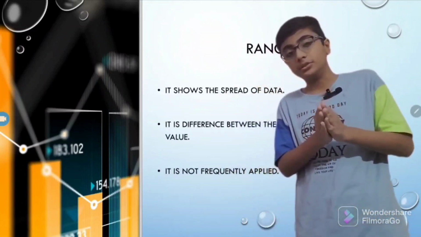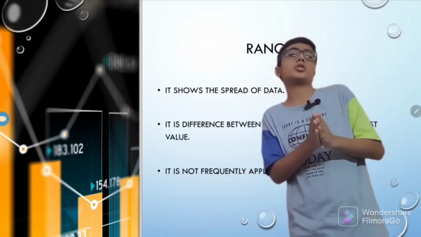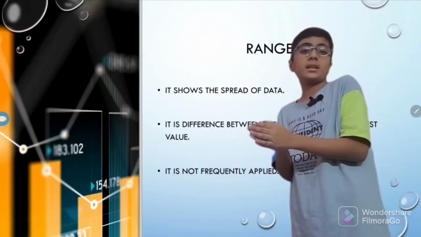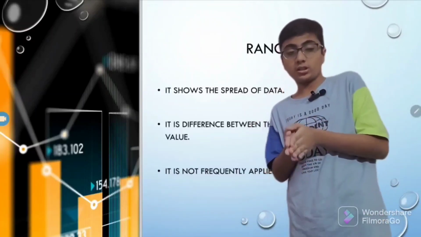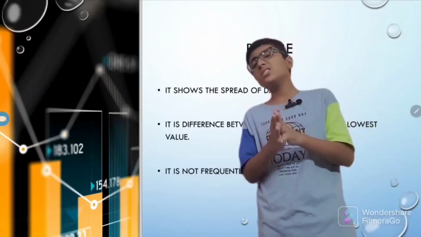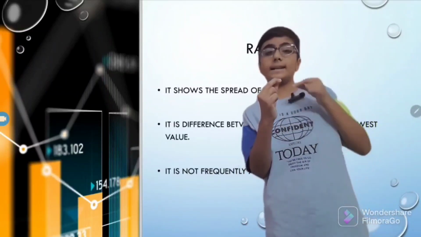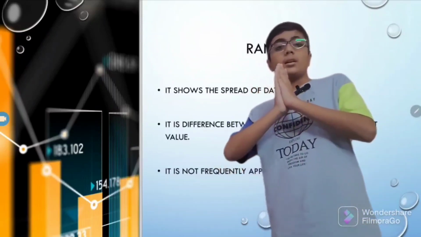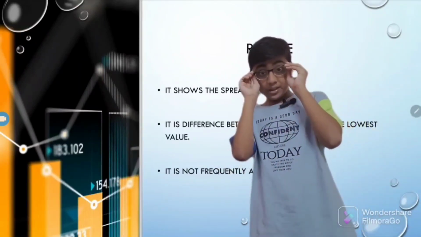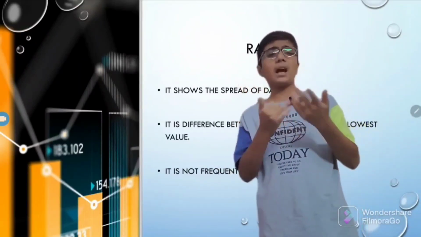Finally comes the last measure of central tendency, range. Range is basically the difference between the highest and the lowest value. The range is not commonly applied.